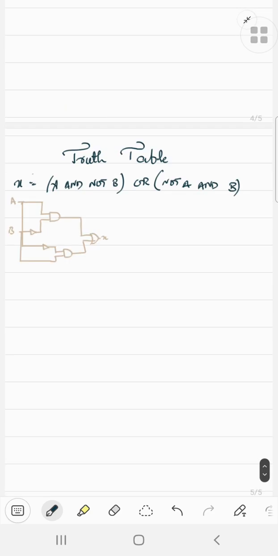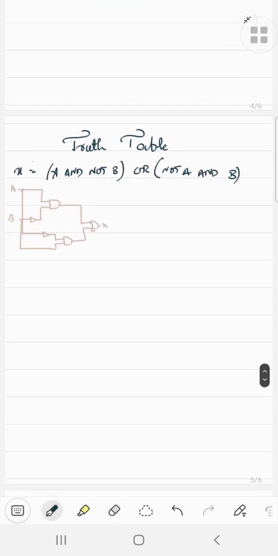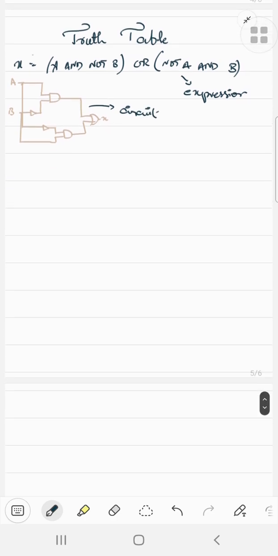Okay, so here I have just copy pasted the entire logic circuit and the expression. Okay, let me tell you, this thing is called logic expression, and this whole thing is called a circuit, and the thing we are drawing is called the truth table.